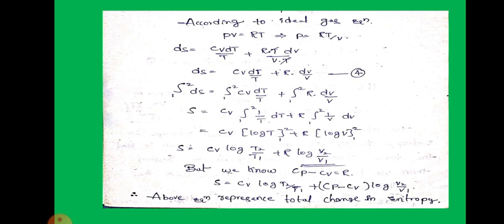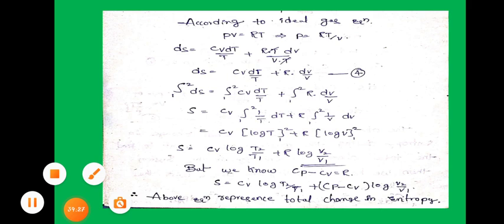The above equation dS represents the small change in entropy in an ideal gas, that is dS = Cv dT/T + R dV/V. Then we have to calculate the total change of entropy in the ideal gas, so we integrate the above equation within the limits 1 and 2.